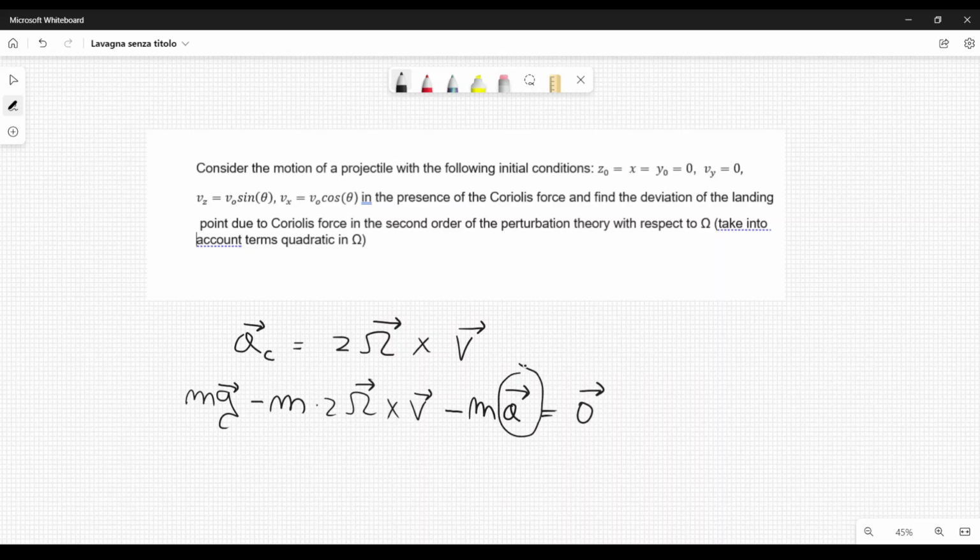The acceleration here can also be rewritten as v dot, and therefore we can rewrite this equation by cancelling m, since it multiplies all those terms.